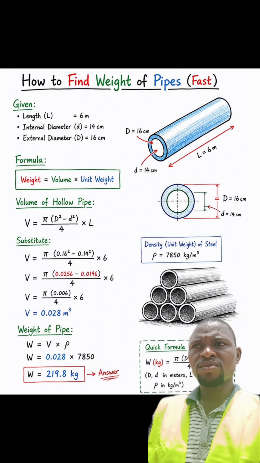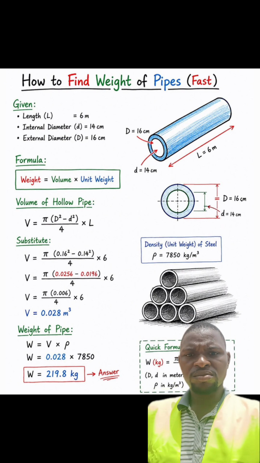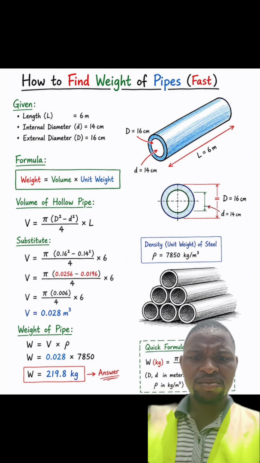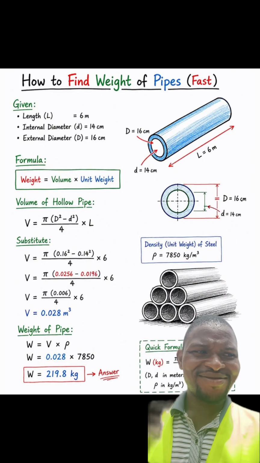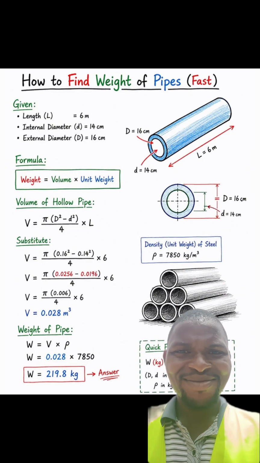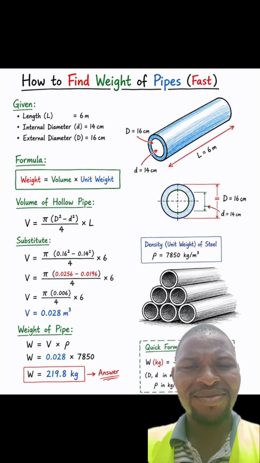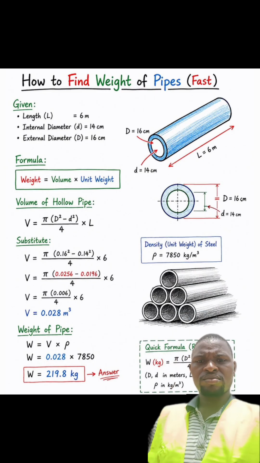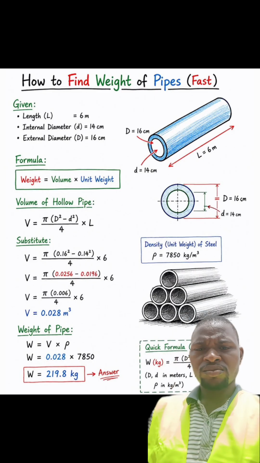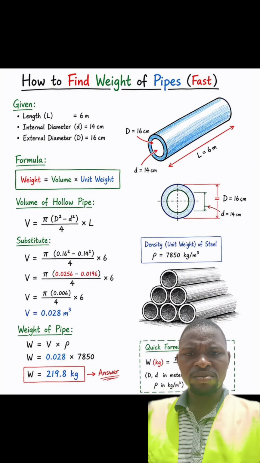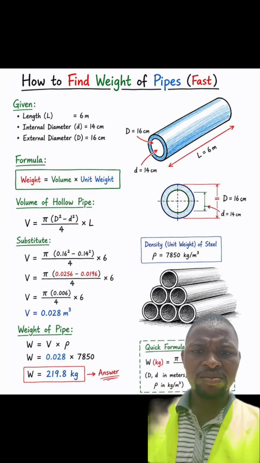Then the weight of the pipe is going to be your volume that you got, multiplied by your density. From here, the density, which is rho, equals the unit weight of steel, 7850 kilogram per meter cube.